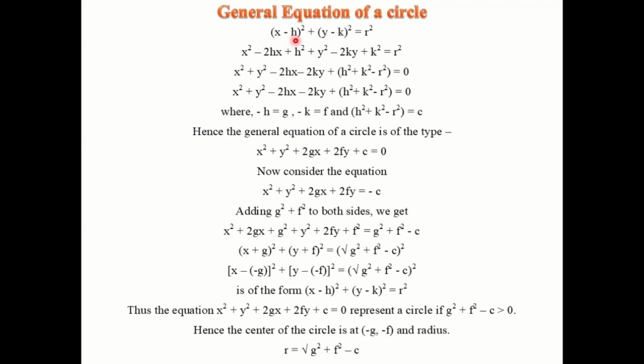(x minus h) squared is x square minus 2hx plus h square, plus y square minus 2ky plus k square, is equal to r square.